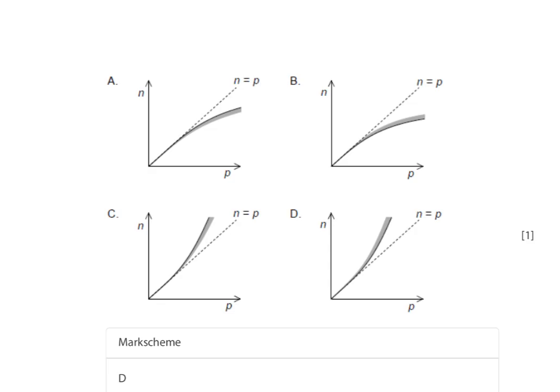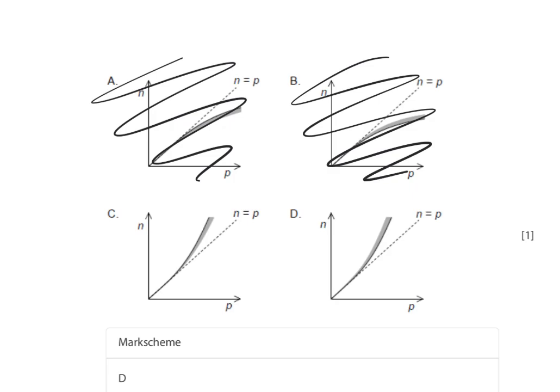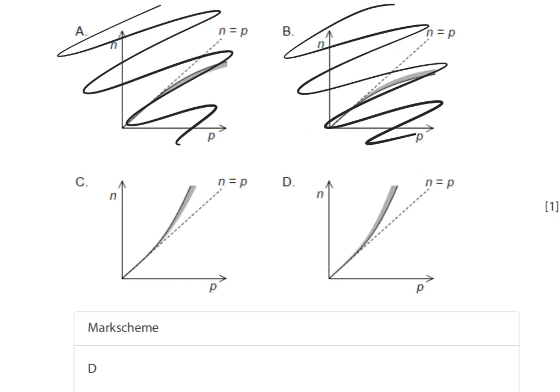So it's not A and it's not B, because that shows more protons than neutrons, which is not true. If that were true, you would have too much electrostatic force, and the nucleus would blow apart. So we actually need neutrons and the gluons they bring to hold the nucleus together to counteract that electrostatic force. But let's take a look at the two graphs.